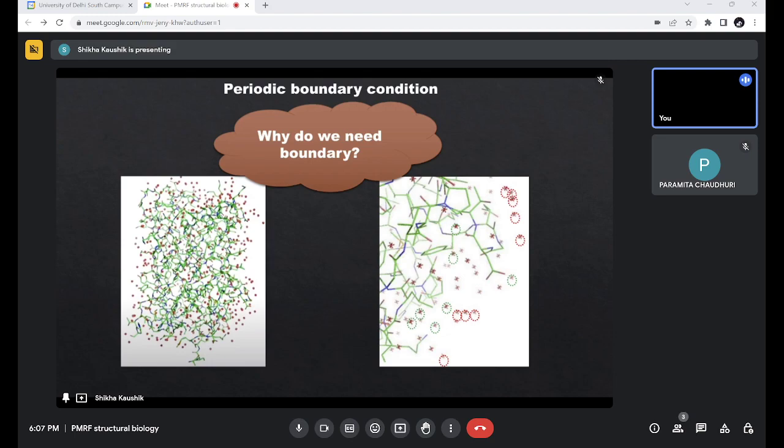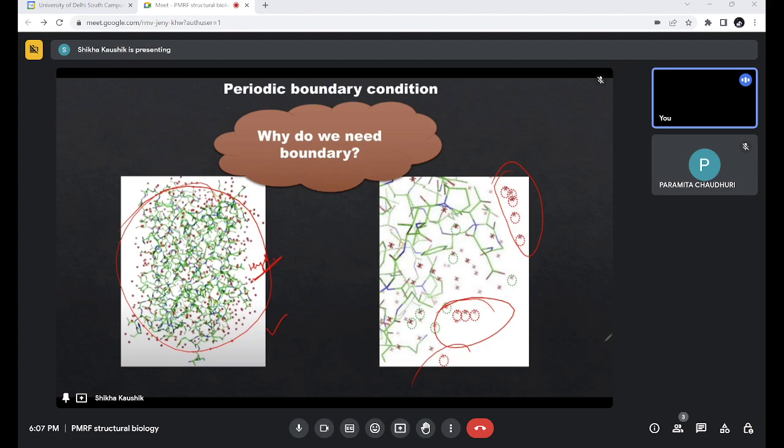For example, there is a cartoon given here. There are some water molecules or hydrogen bonds that are essential for the activity of this particular protein. But what if there are some water molecules outside the system which are not helping in any kind of bonding or interaction? We need to remove those water molecules and hydrogen bonds.